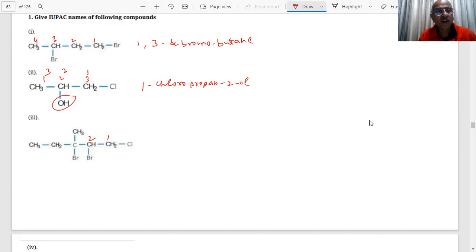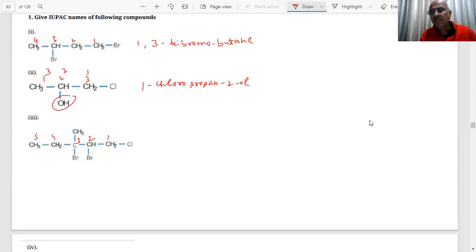What is the numbering? One, two, three, four, five. 1 chloro, 2, 3 dibromo. B, C. It will be 1 chloro, 2, 3 dibromo, 3 methyl pentane.